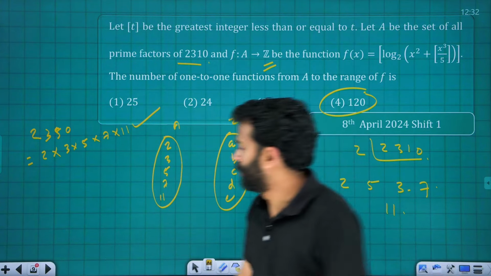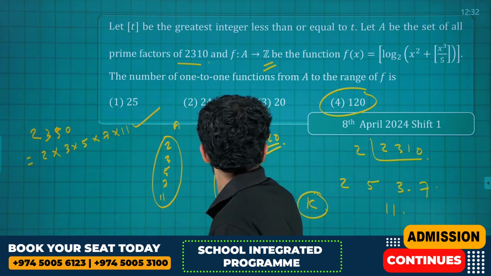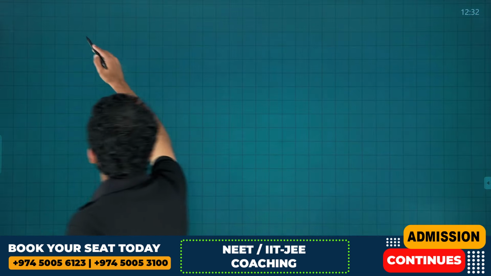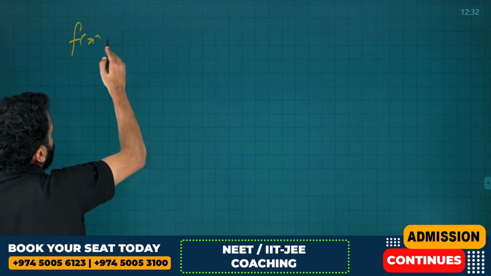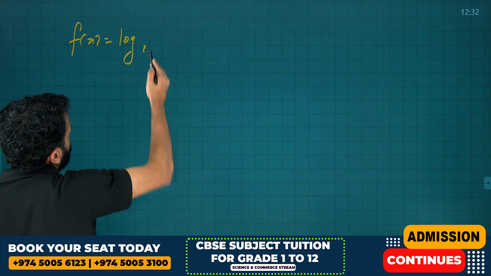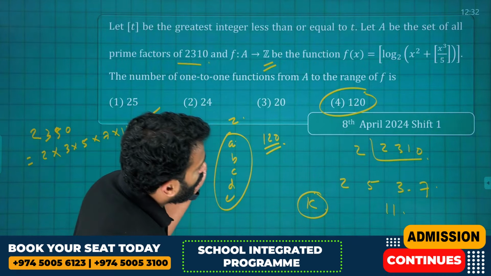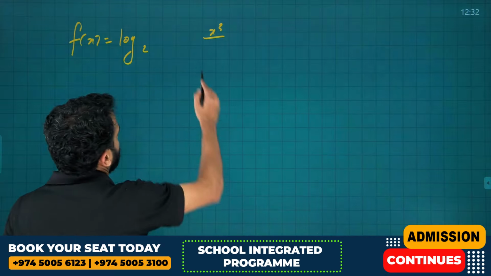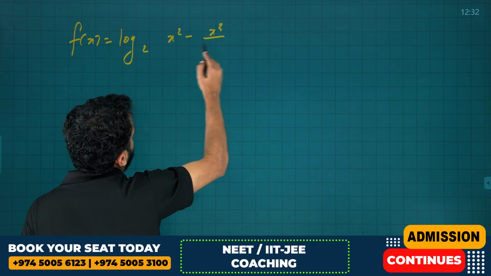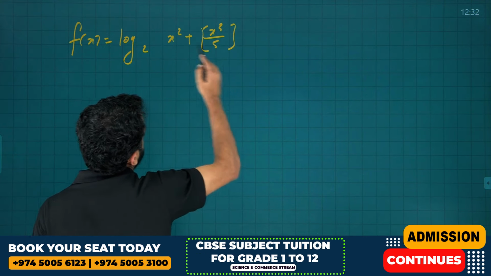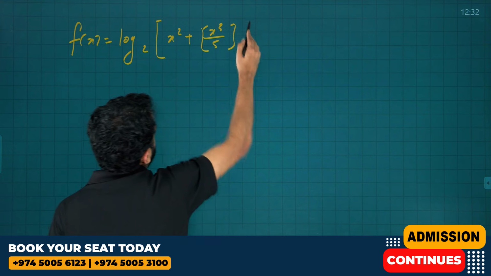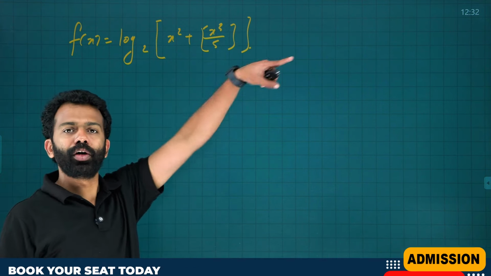Wait, what is f(x)? f(x) is equal to log base 2 of (x square plus x cube by 5), with a box here and a box here as well. So if you substitute 2, what will you get?